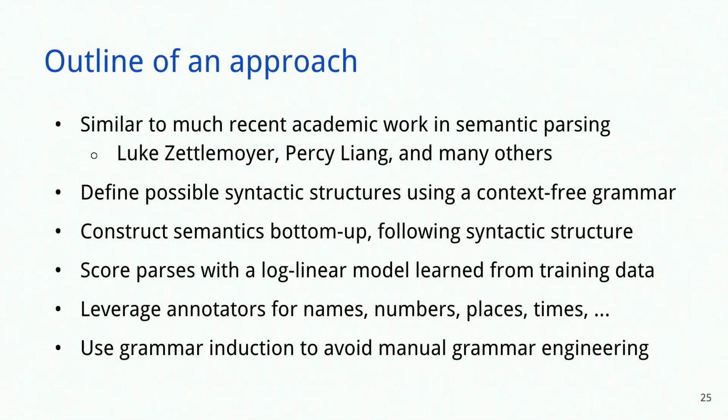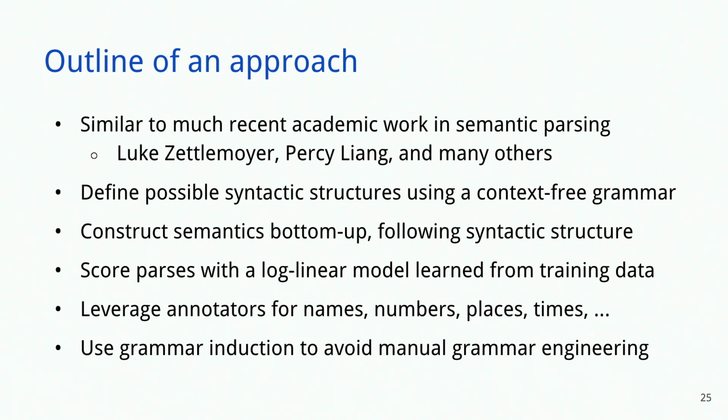By the way, this approach that Sippycup illustrates was pioneered first by Luke Zettlemoyer and his group at UW, and later by Percy Liang and his group here at Stanford. And so the key elements of this approach are, first, a context-free grammar, which defines the possible syntactic structures for the queries. Second, semantic attachments to the CFG rules, which enable bottom-up semantic interpretation.